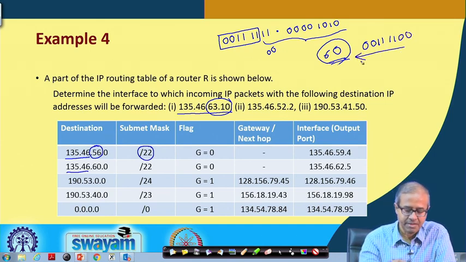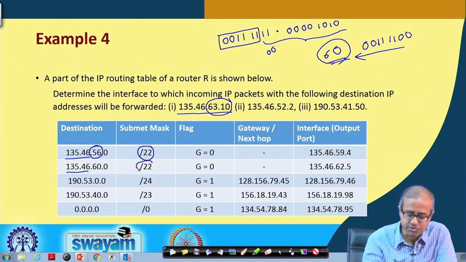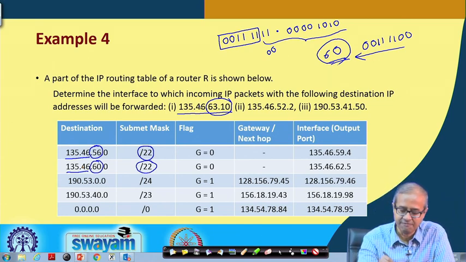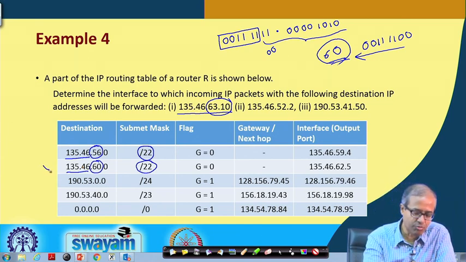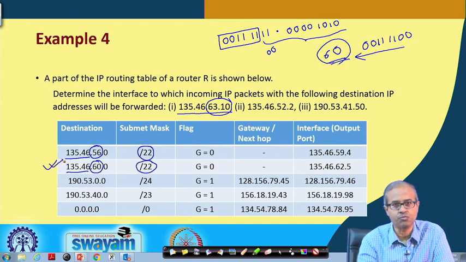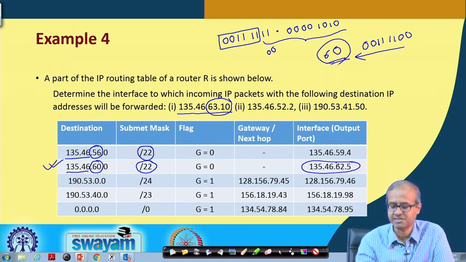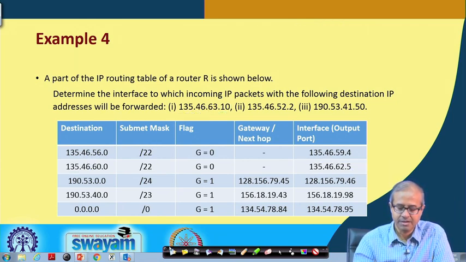Okay. But in the second entry here also we are looking at 22 bits, but here it is 60. So, for the first example there will be a match found with row 2. Row 3, row 4 obviously there will be no match because they are starting with 190. So, the first packet will be forwarded to this particular interface, right.